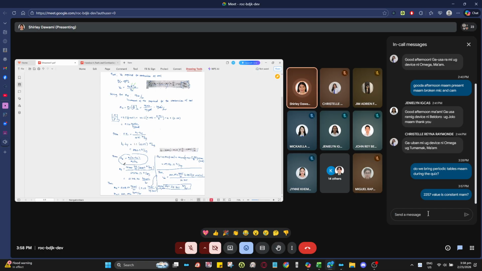We use the boiler's efficiency formula to get the mass of coal burned per hour to produce the 175,000 kilogram per hour steam. Then we get the QH, and so we got the mass of air. Okay, any questions?